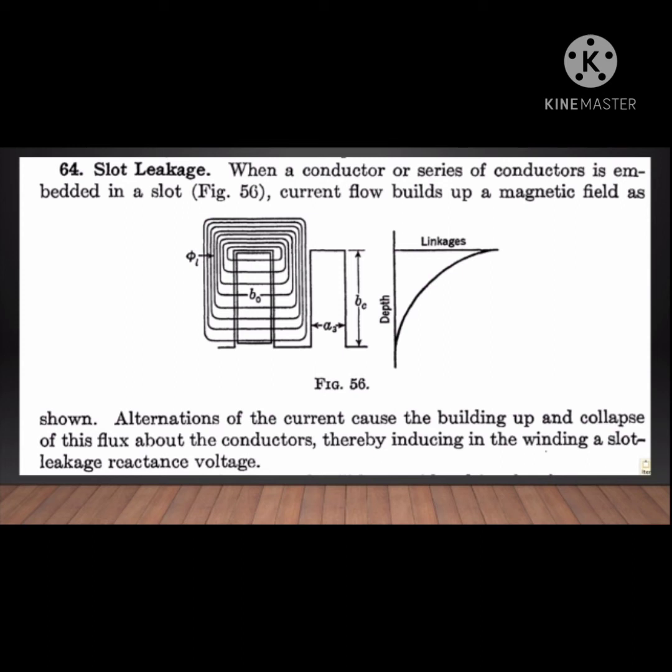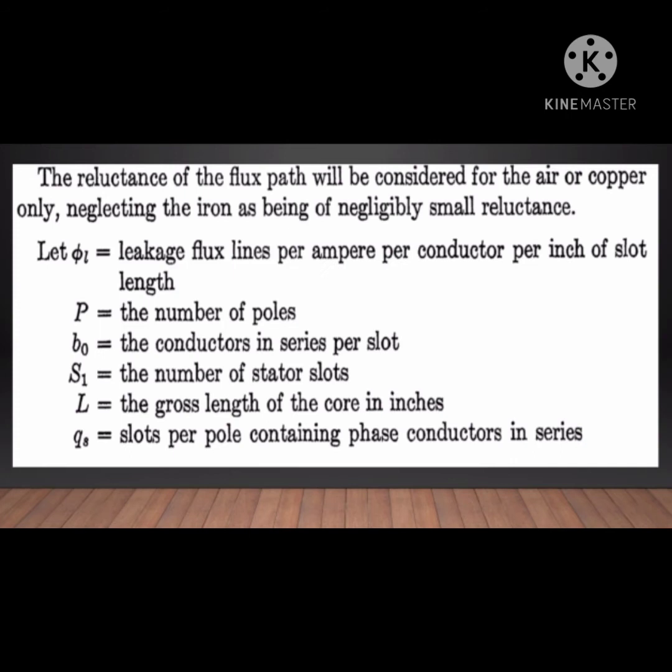So, because of the alternation of the current, ito yung cause kung bakit nagkakaroon ng building up and collapse of flux about the conductor. So, next is the reluctance of the flux path will be considered for the air or copper only, neglecting the iron as being of negligibly small reluctance.